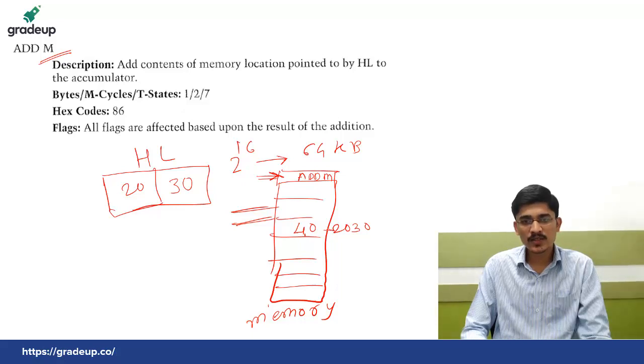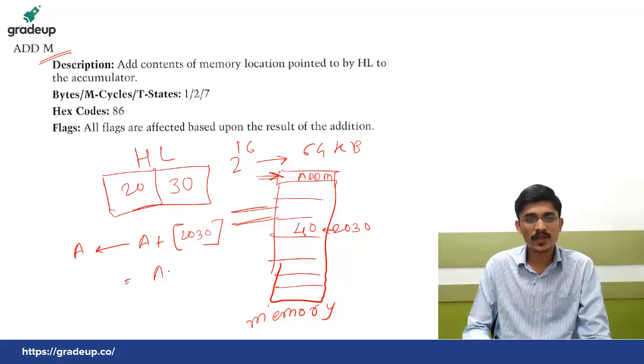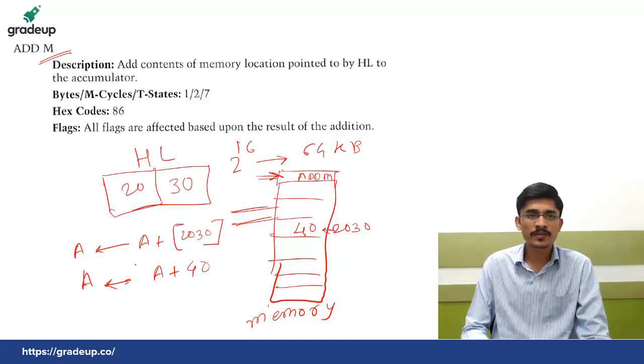So the contents of 2030 will be added to the accumulator. The accumulator will be A plus 40 after execution.